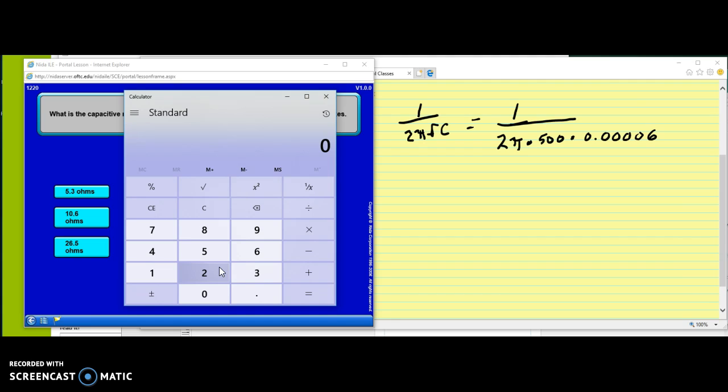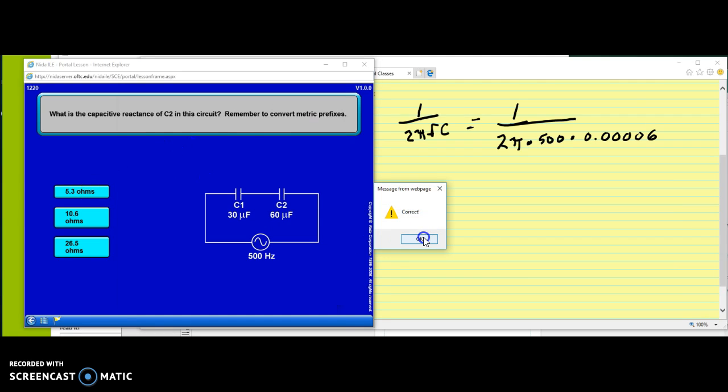Should be 5.3 because it's half of the 10.6. 2 times 3.14 times 500 times 0.12346 equals, invert that, 5.3. So yeah, obviously I just messed up and added a 0 somewhere or left off a 0 somewhere, which is very easy to do when you're dealing with this many zeros. But anyway, 5.3 is our right answer, and sure enough, there it is.